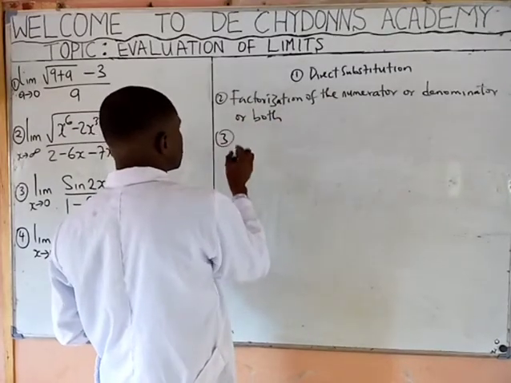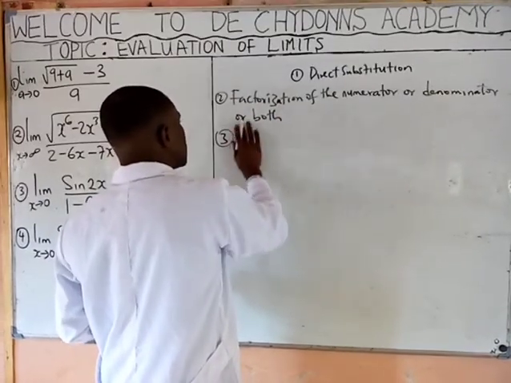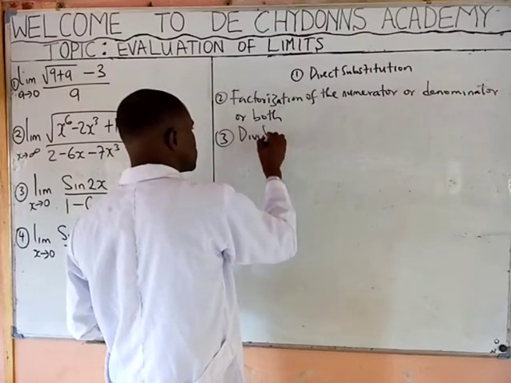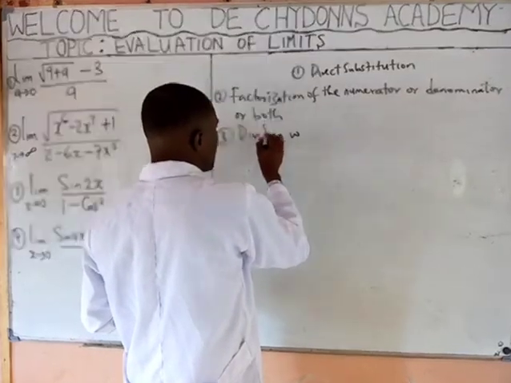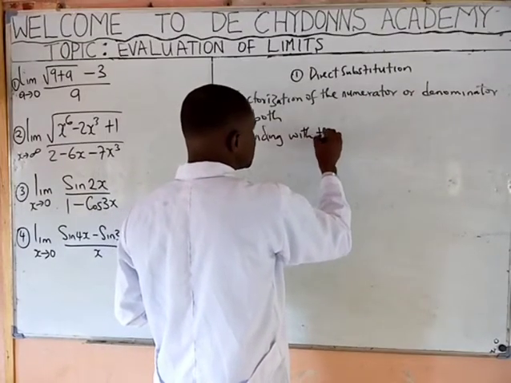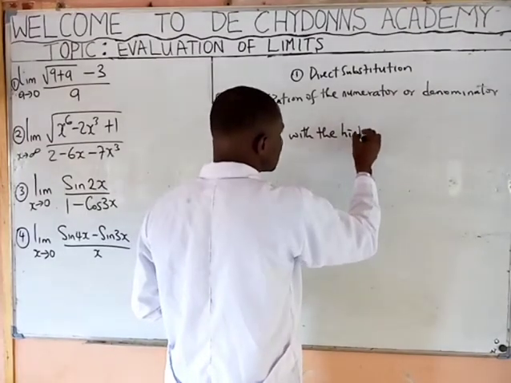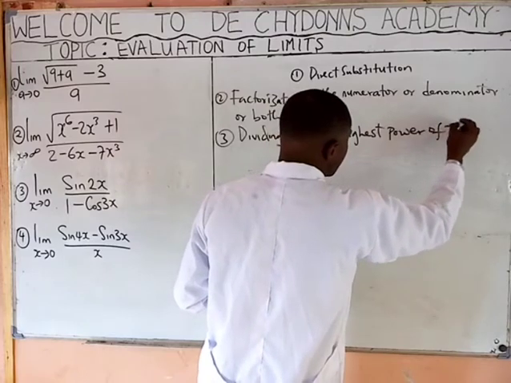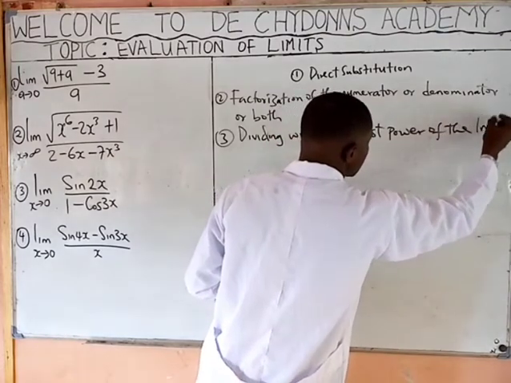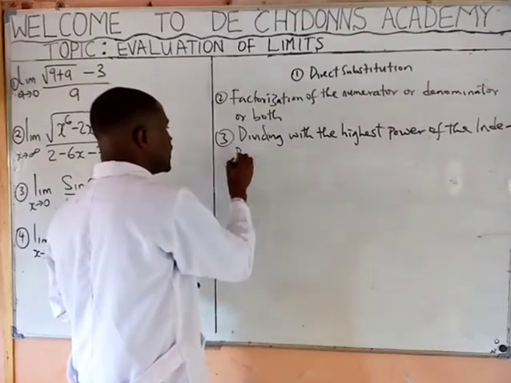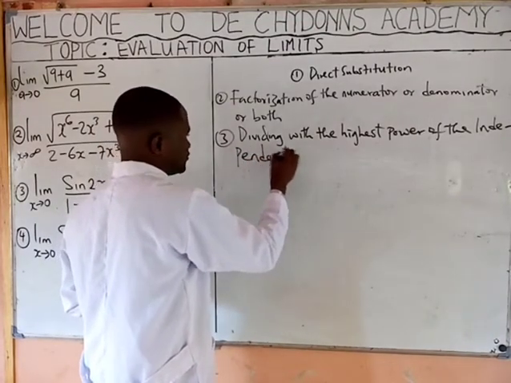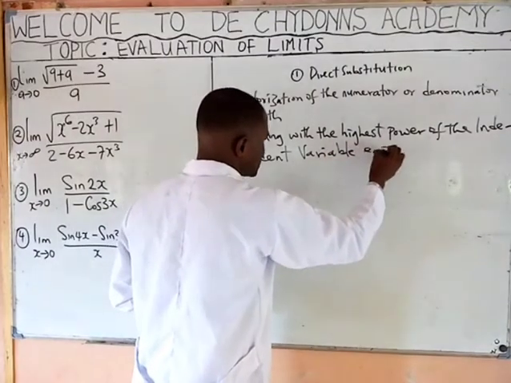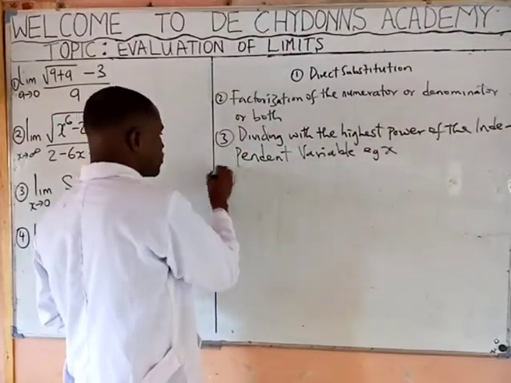3. By dividing with the highest power of the independent variable, e.g. x. 4.